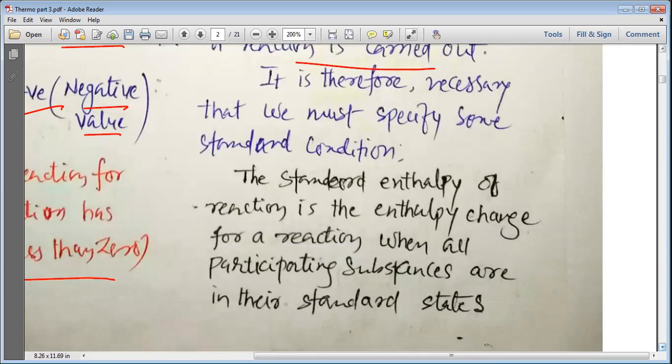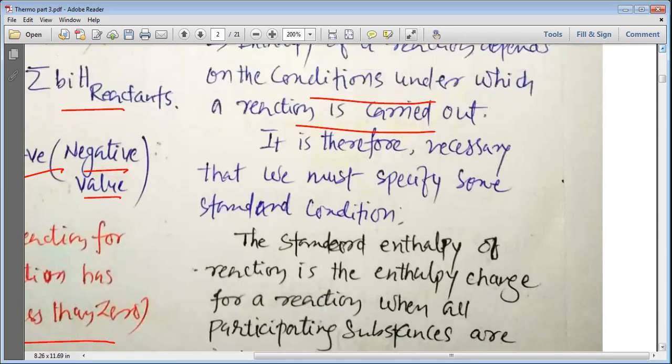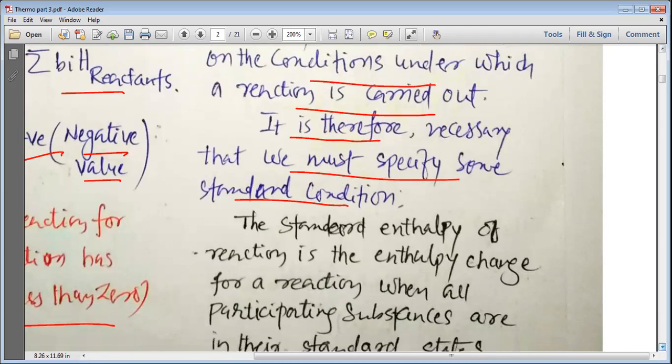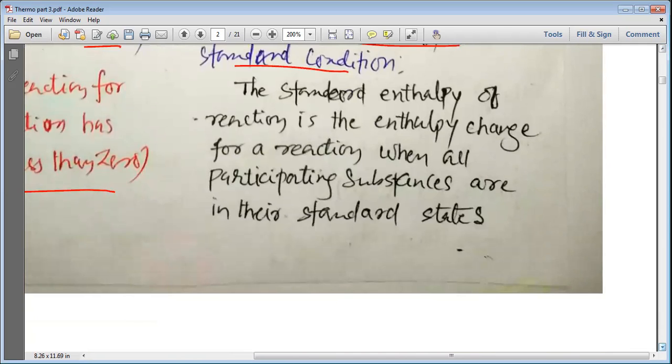So, how much energy will be produced or required depends on the condition in which the reaction has taken place. It is therefore necessary that we specify some standard conditions.